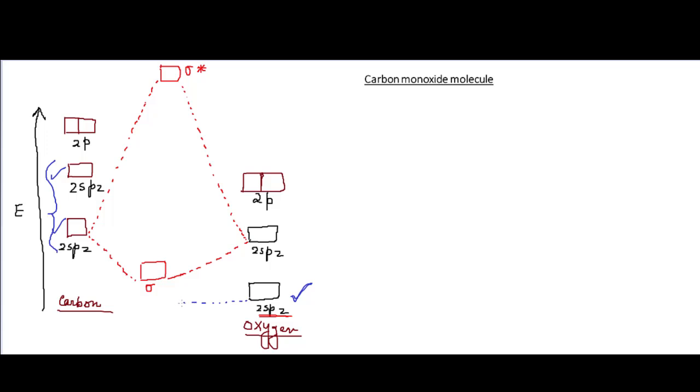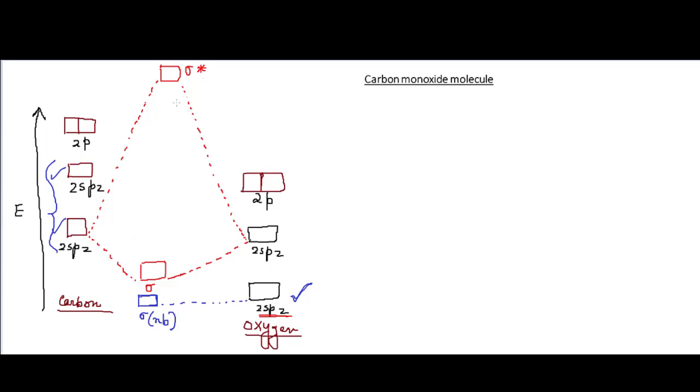So the low energy 2sp of oxygen will form an orbital known as the sigma non-bonding orbital. Because it is unaffected, it forms its own molecular orbital which is non-bonding, like this.